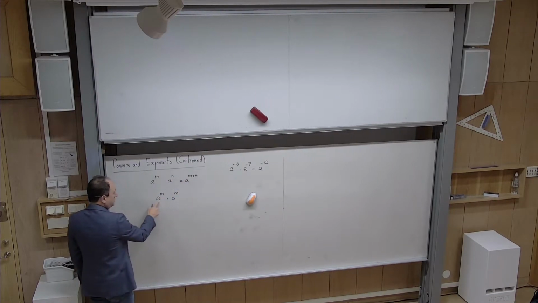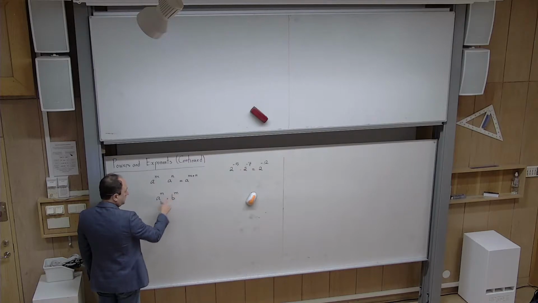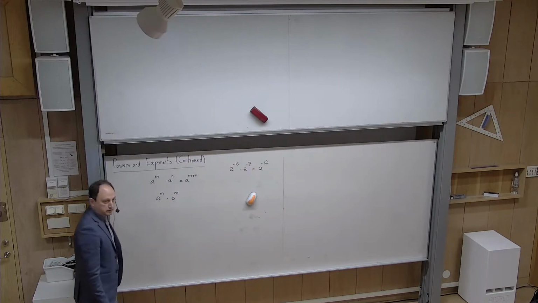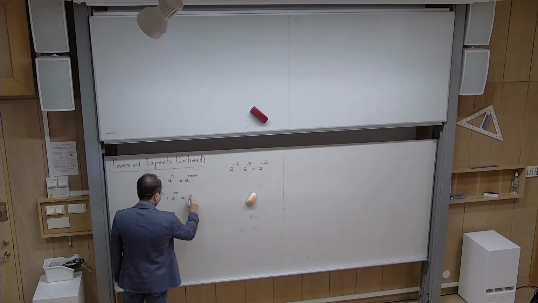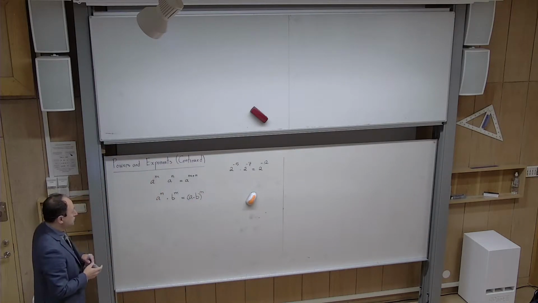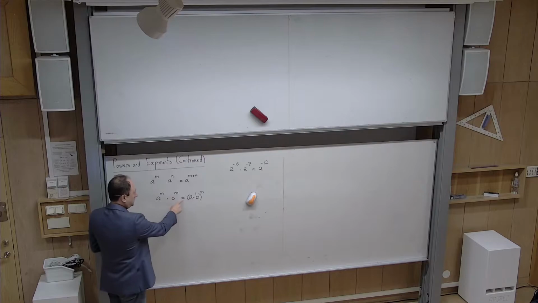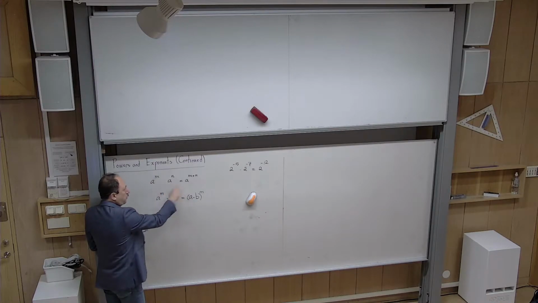But now here, I have two powers again. This time, the exponents are equal, but the bases might be different. In that case, the rule tells me I can write it as a times b, and then to power m. I told you that whenever you learn a new rule, it is extremely important to go in both directions.